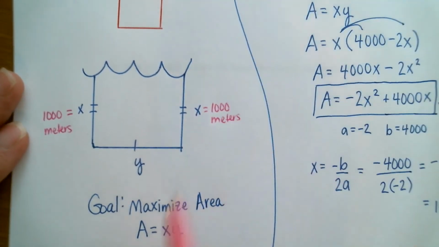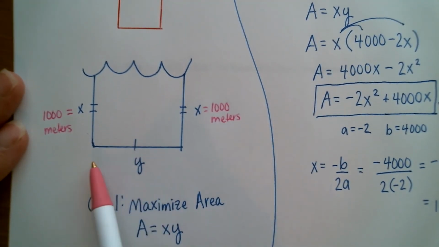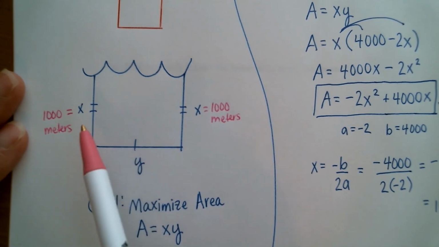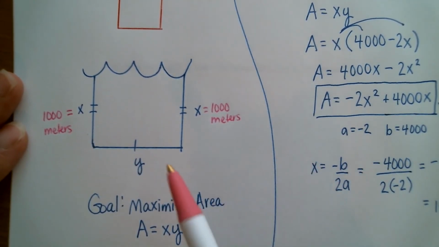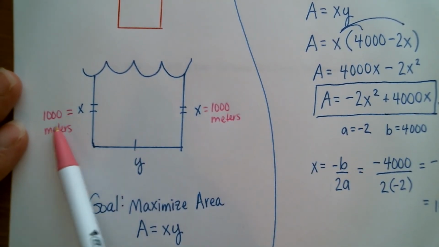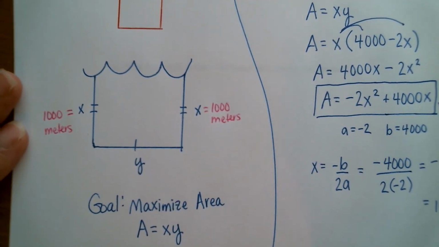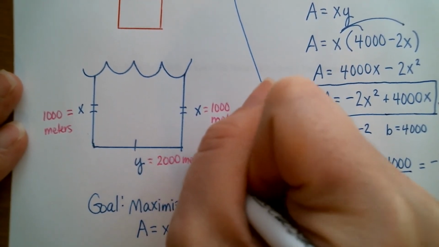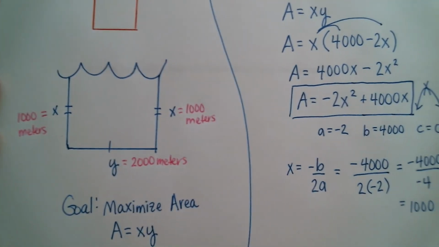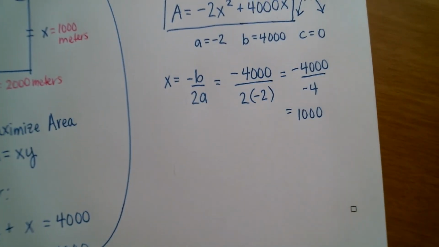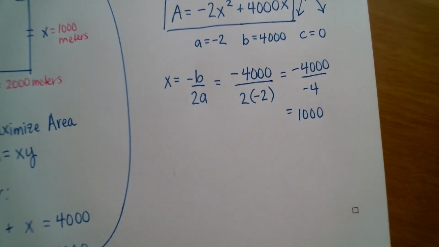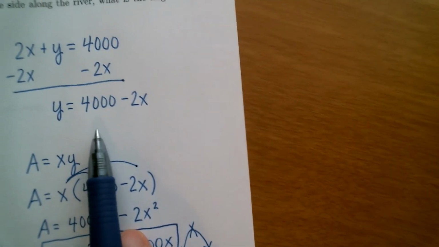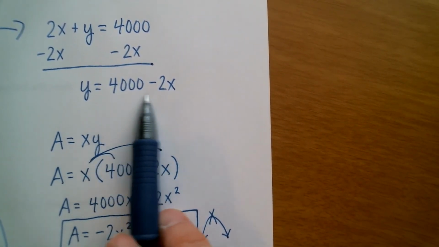We need to calculate the value of this side. Remember, we have 4,000 meters total, so these two sides add up to 2,000. So 4,000 minus 2,000, this side has to be 2,000 meters. That was pretty simple to calculate, but remember, you could have also gone back to where you solved for y.